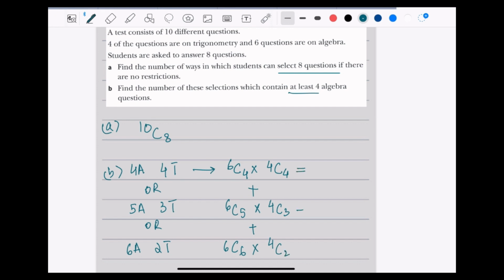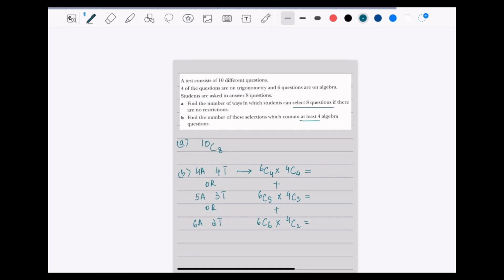So once we solve all of them and add the values, we get the answer.